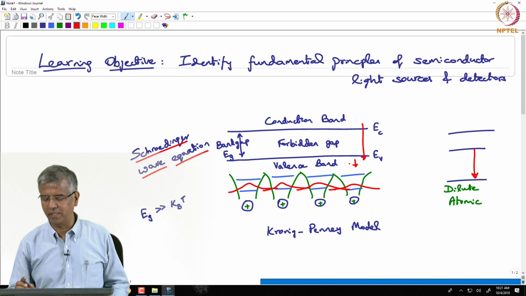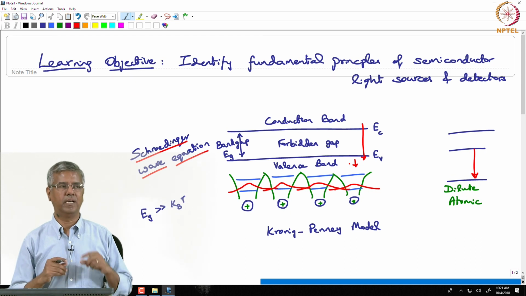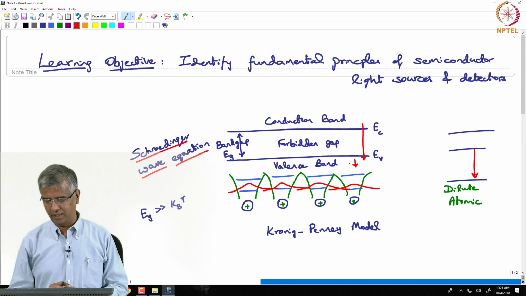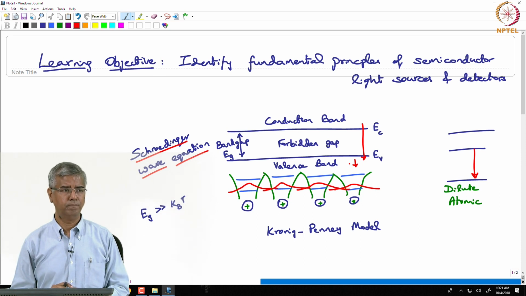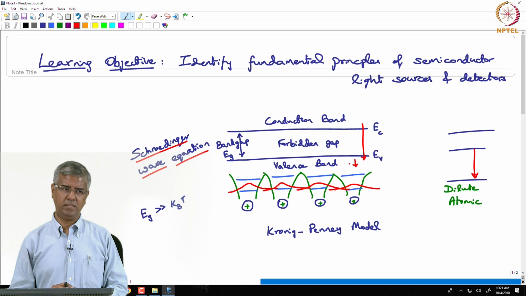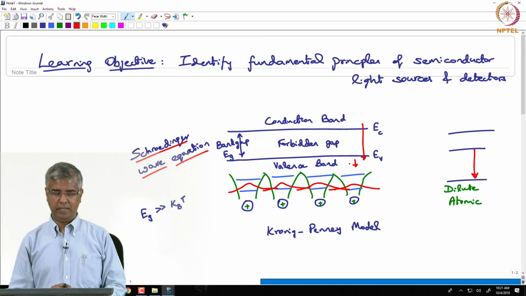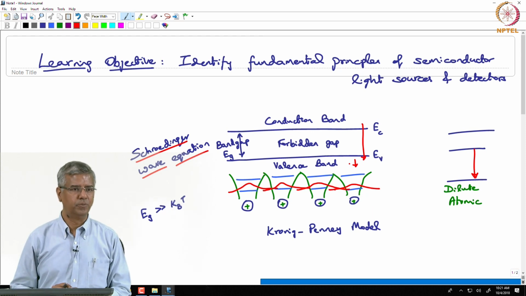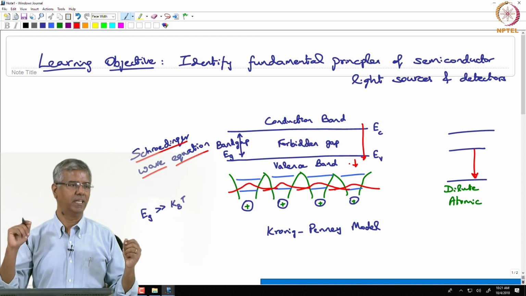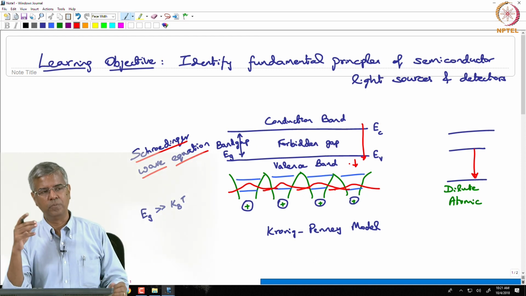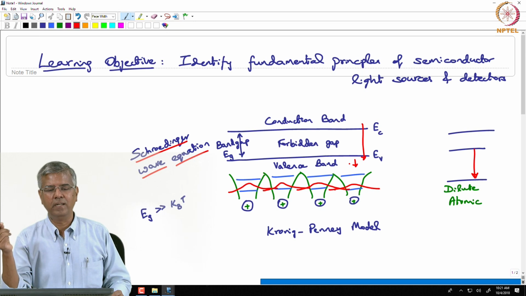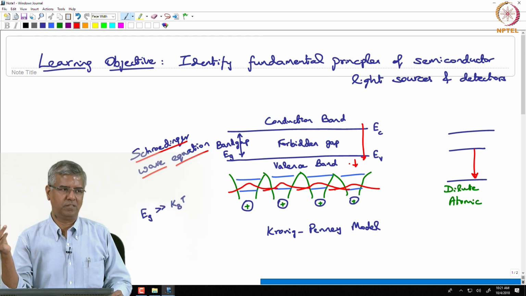For the simple reason that these sorts of transitions are much lower in energy, right? And much lower in energy corresponds, in terms of wavelength, to very long wavelengths, right? So now people require mid-infrared light sources.